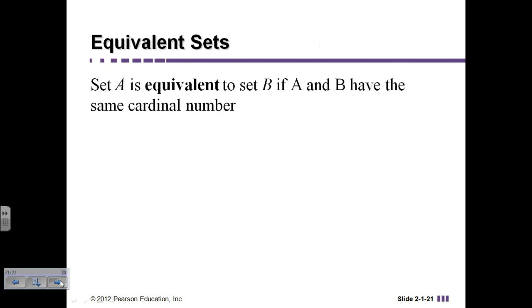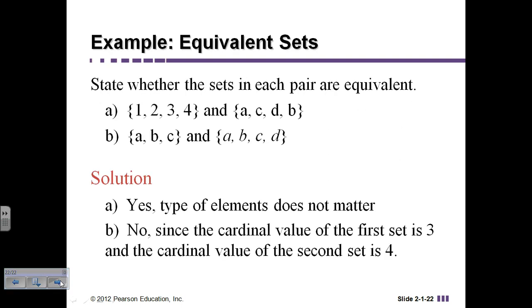2 sets are equivalent if A and B have the same cardinal number. That means that they have the same number of elements in the set, but not necessarily the same elements. So for example, if I have the set 1, 2, 3, 4 and another set A, C, D, and B, those 2 sets are equivalent because each of the sets has a cardinal number of 4.